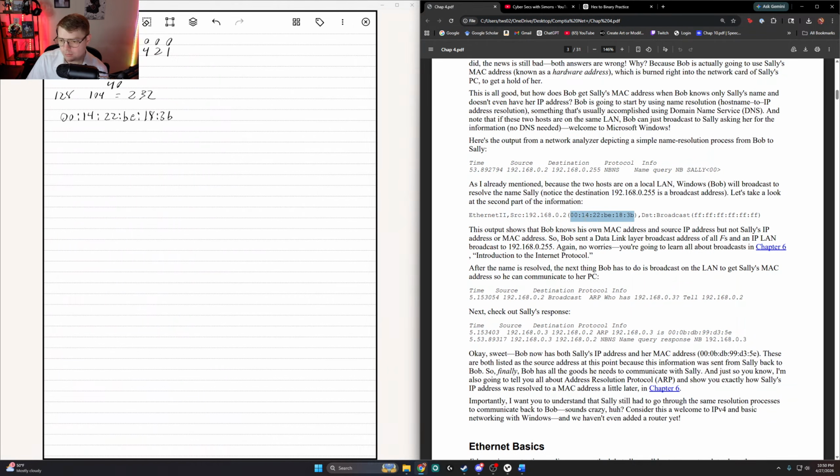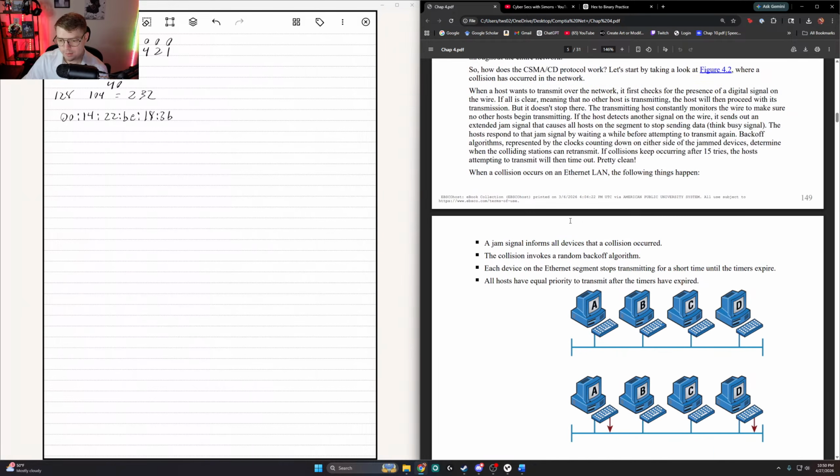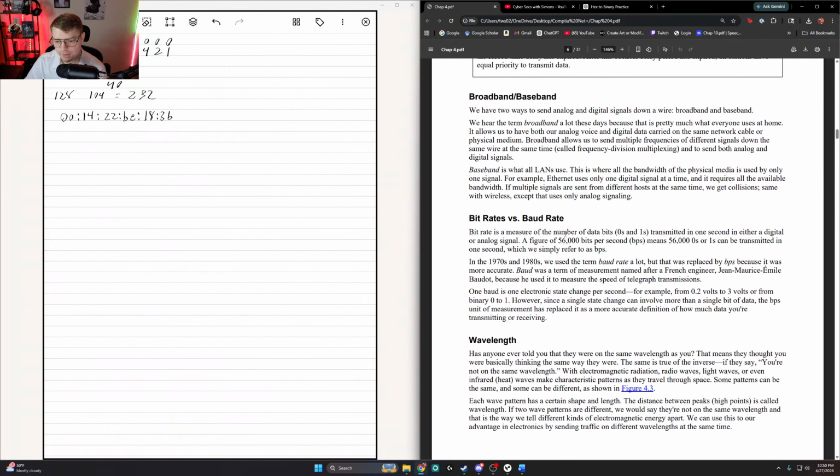It's 0, 0, then 1 and 4, then 2 and 2, then B and E, then 1 and 8, then 3 and B, right? And we have 2 nibbles in each of these, right? 2 nibbles in each. So this octet is a byte. This 0, 0 is a byte. So we've grabbed up Bob's MAC address.